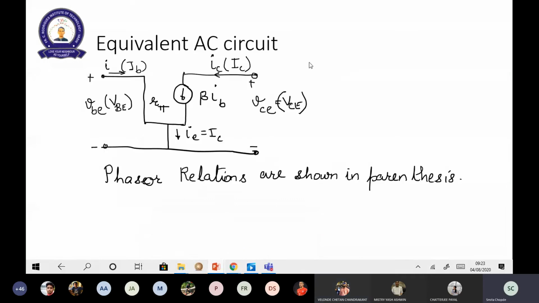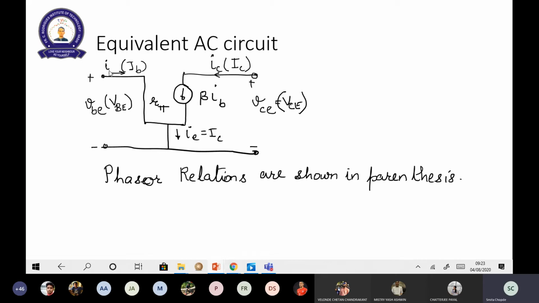Next, equivalent AC circuit. This you have already learned. So phasor relations are shown in parentheses. So see here, VBE is proportional to VCE. Similarly, this DC voltage VBE is also proportional to the DC voltage VCE. Okay, and emitter current is equal to collector current, which is a DC collector current in this case, and it has to be because both are in phase. AC collector current and DC collector current both are in phase.